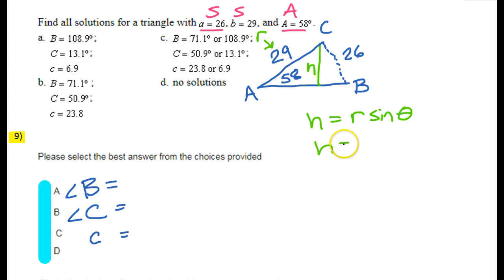So the height is going to be 29 sine 58. You can just put that in your calculator and see what you have.